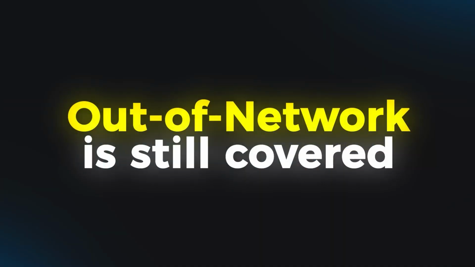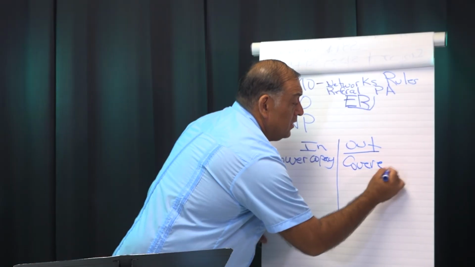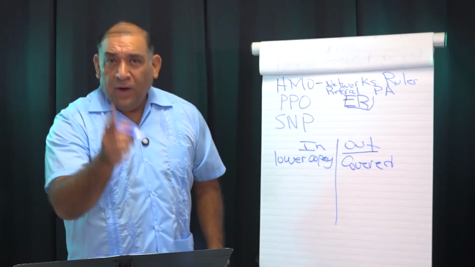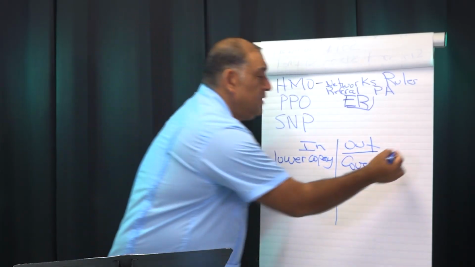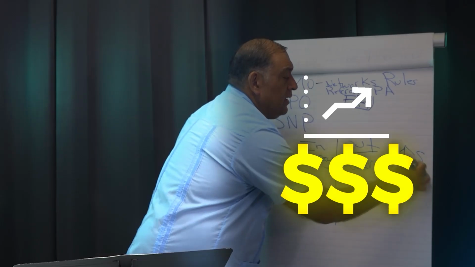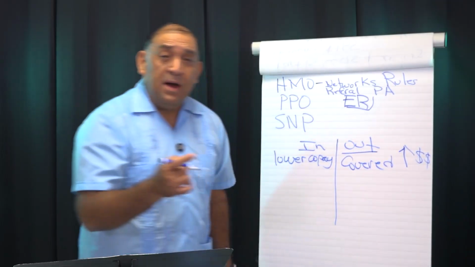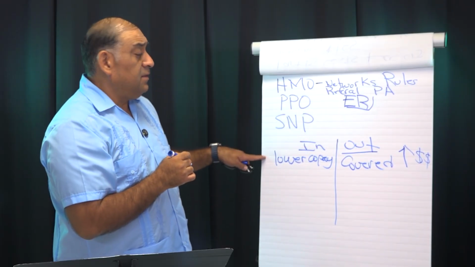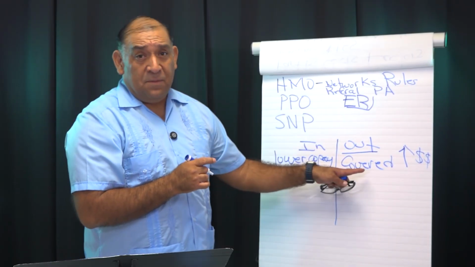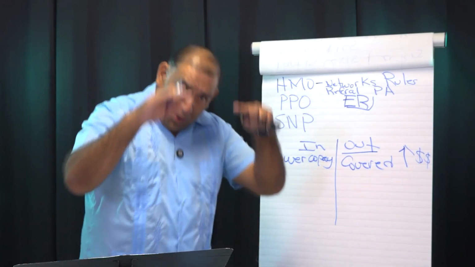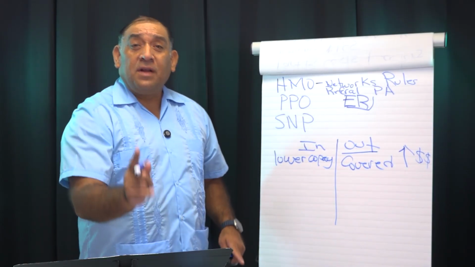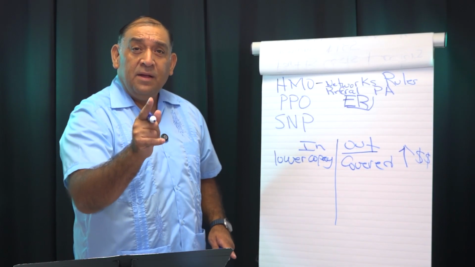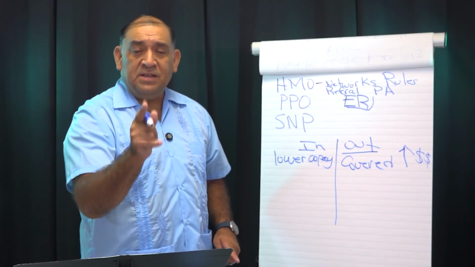You're still covered. You're still going to be seen. The main difference is the copay will be a little higher. In network, lower copays. Out of network, higher copays. But the advantage is you can be seen.